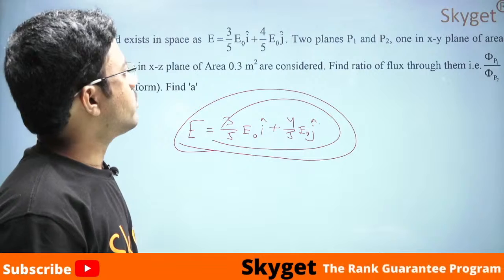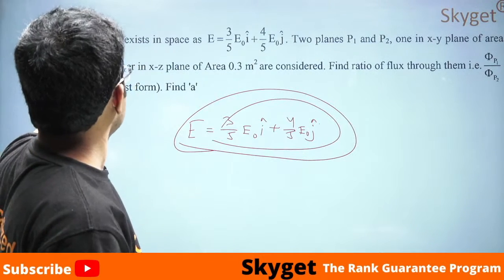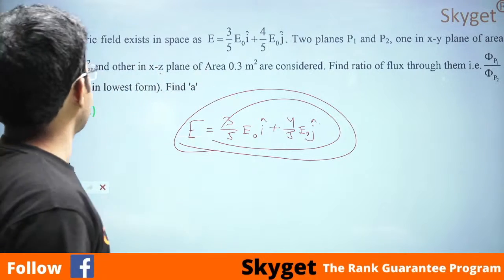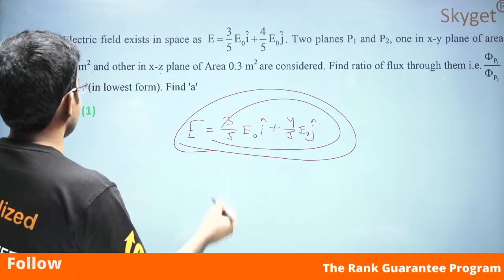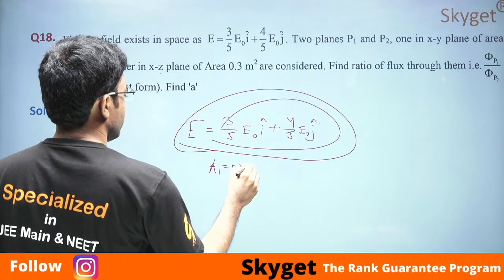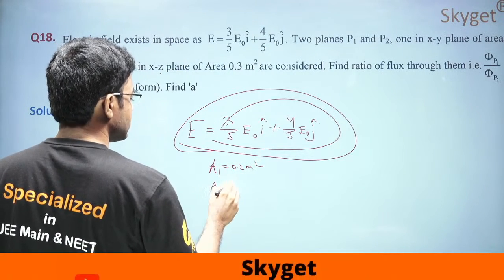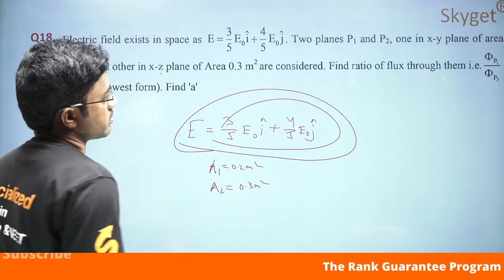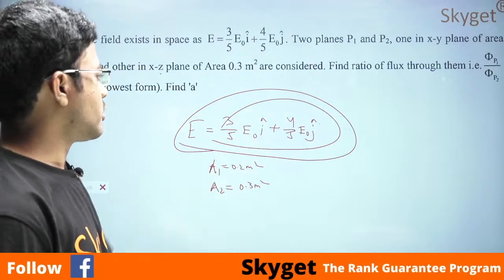Two planes P1 and P2, one in the xy plane of area 0.2 meter square and the other in the xz plane of area 0.3 meter square. So area A1 is 0.2 meter square, and the second surface area is 0.3 meter square. Find the ratio of the flux.